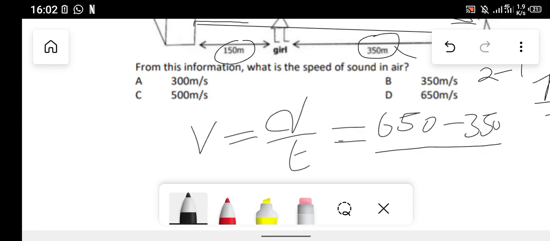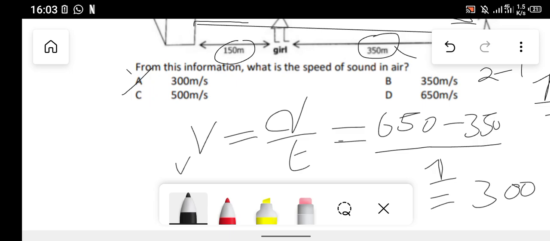The time taken has a difference of 1 second. When you do the calculation, you should get 300 meters per second as your answer. That's the speed of sound in air, using the information given. You can even mark it like that.